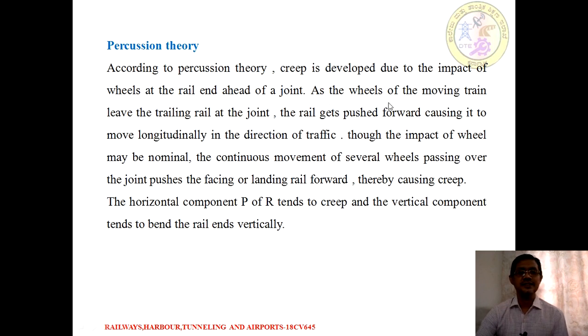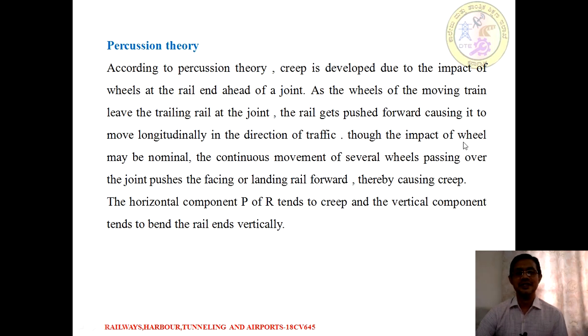As the wheels move and the trains leave the trailing rail at the joint, the rails are pushed forward, causing movement longitudinally in the direction of the traffic. It means that according to this theory, the impact of a wheel at the rail end pushes the subsequent rails in the longitudinal direction of the traffic.